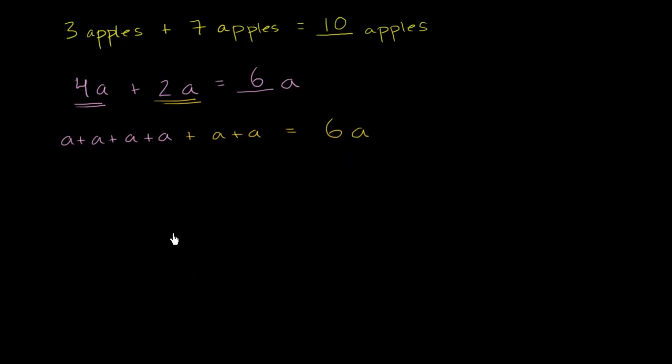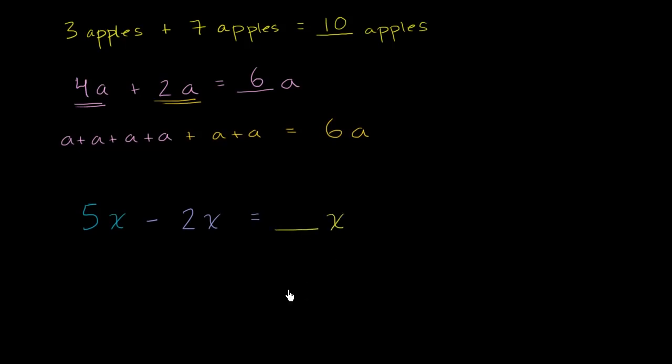So thinking of it that way, let's get a little bit more abstract. Let's say that I have 5 x's, whatever x represents. X could be some number. So I have 5 of whatever that number is, and from that I subtract 2 of whatever that number is. What would this evaluate to?